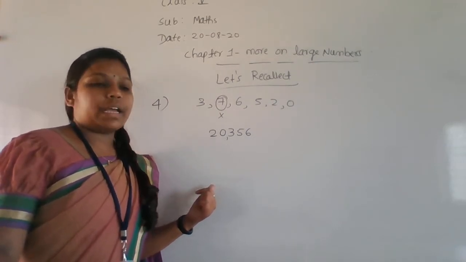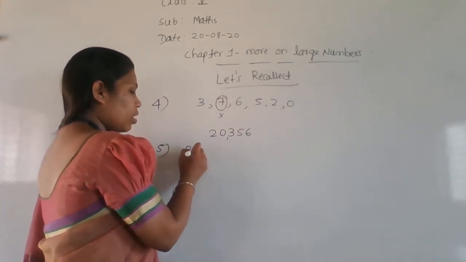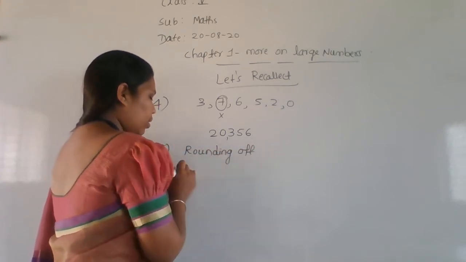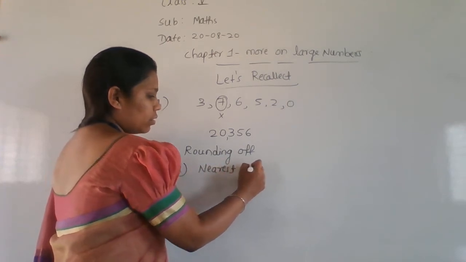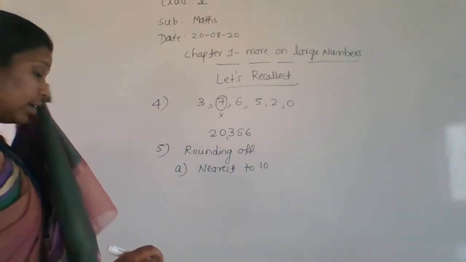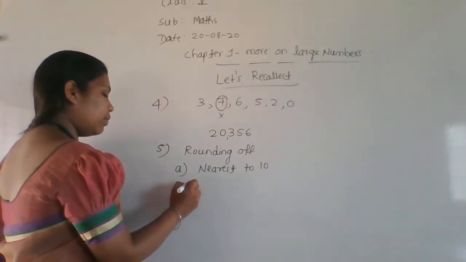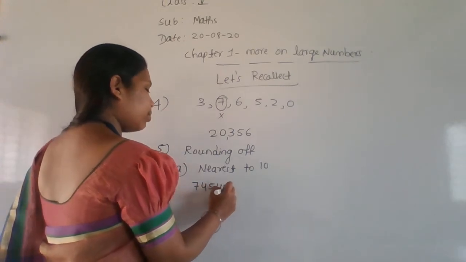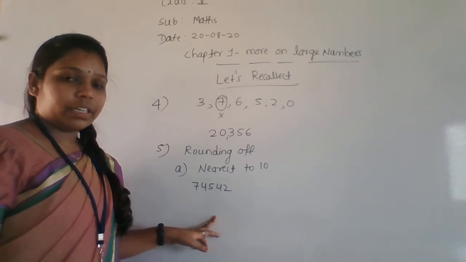Getting everyone? Okay. So next we move to the 5th question. Rounding off numbers. Rounding off. First one, 8th one is nearest to 10 value. So nearest to 10 value they said here. So nearest to 10 means what is the question there? 8th one, 74,542 they have given here. Okay.